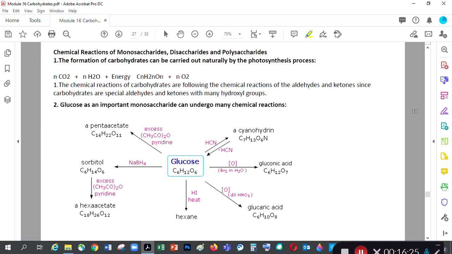Now we'll go to something else. We'll look at the chemical reactions of the carbohydrates: monosaccharides, disaccharides, polysaccharides. One of the unique natural syntheses of the carbohydrates is that they are made by plants, correct? Through the photosynthesis process. The plants take the CO2, and they get the water from the soil and energy from the sun, and they produce the carbohydrate, and they give us oxygen.